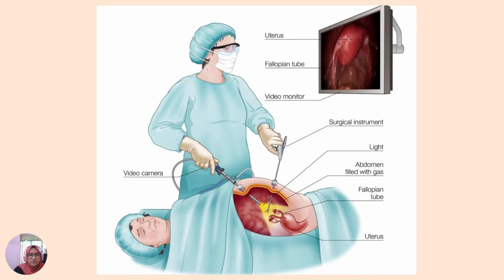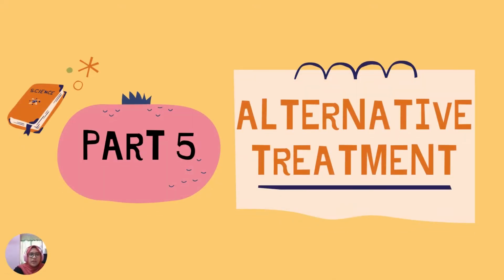So this is how the surgeon will do the surgery. We can see the monitor. The surgeon will use the laparoscope to see the inside of the organ, so she can do the surgery from the monitor.